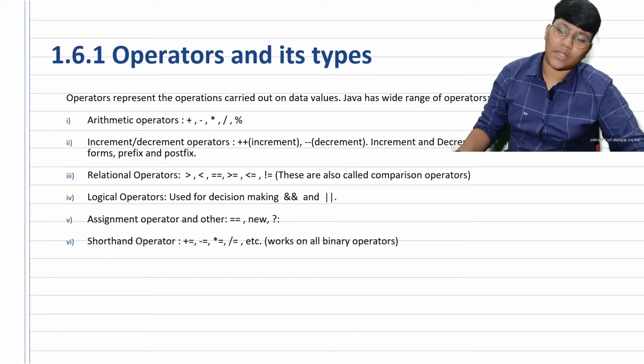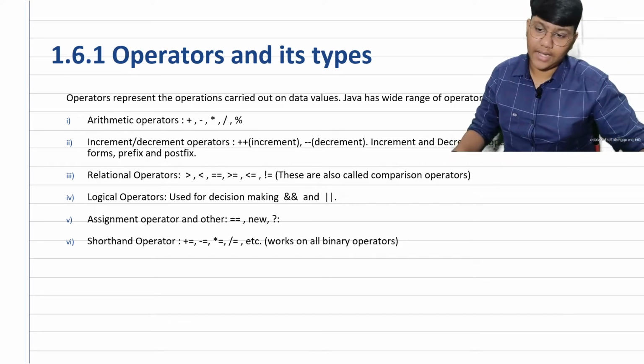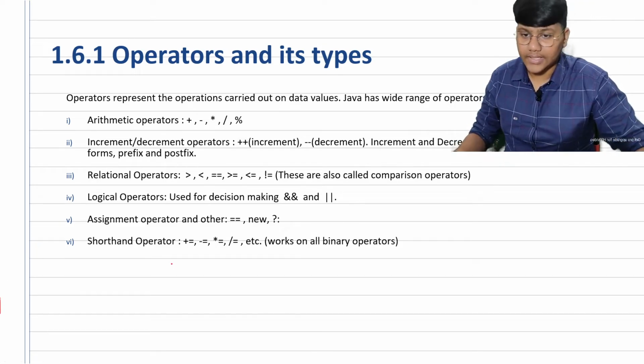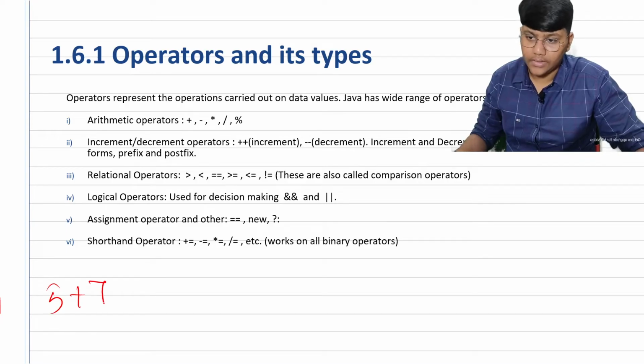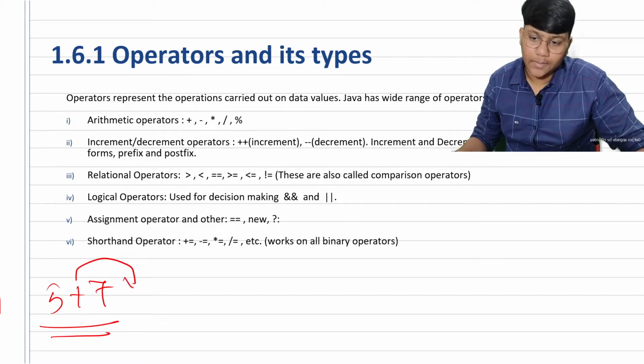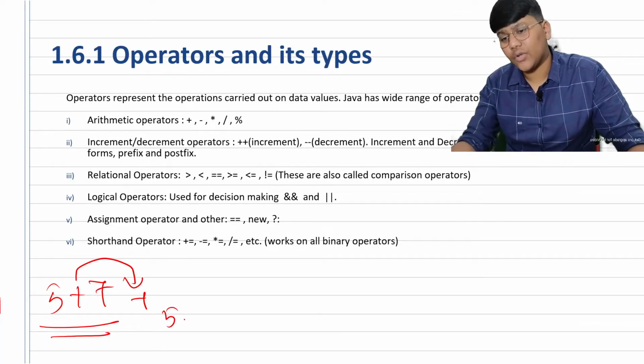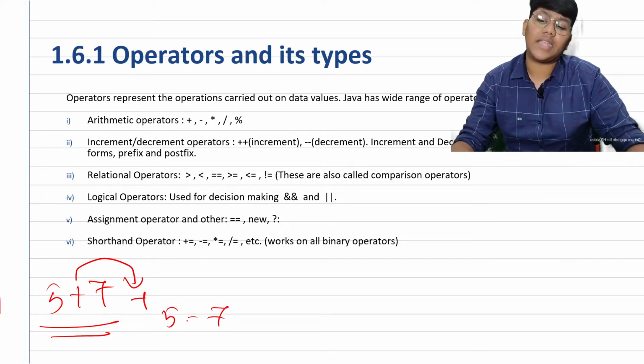Operators and their types. Now what are operators? Operators represent operations. For example, 5 plus 7. This is an operation, addition. Here the operator is plus because plus represents the operation. There are two values, 5 and 7. There may be minus, there may be divide, there may be multiply.